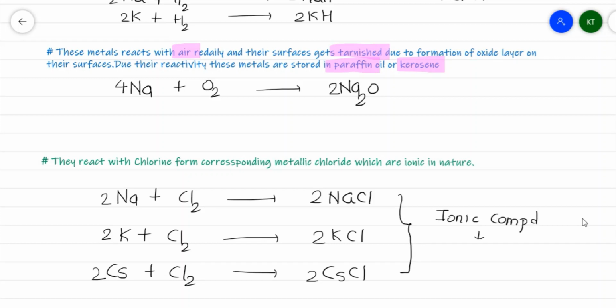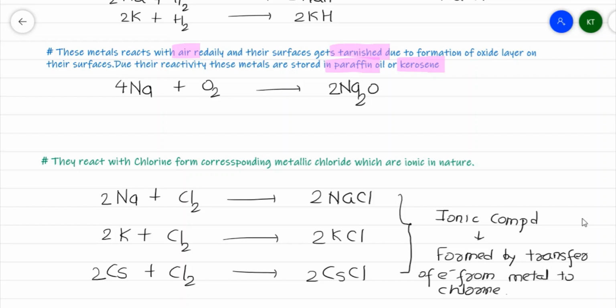They are ionic compounds formed by transfer of electron from metal to chlorine.